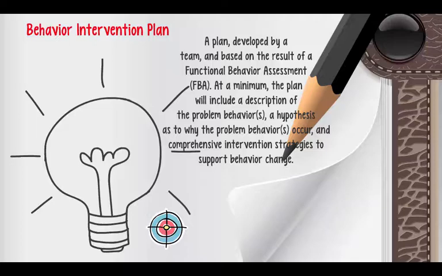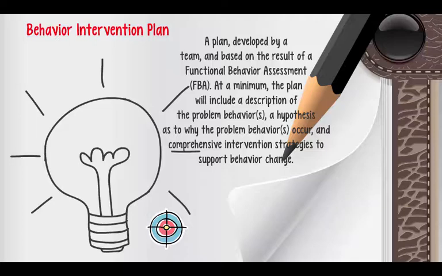Now, once again, one of the things that I want to emphasize is that the reason the behavior intervention plan is being developed in the first place is because the person's aberrant behavior or problem behavior serves as an obstacle to their development, their performance, their inclusion, and their capacity to advance in terms of their own skills and abilities.